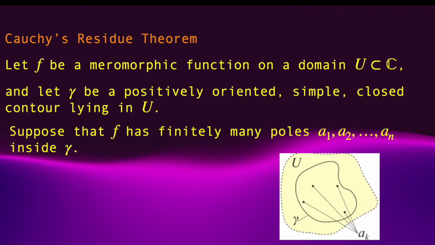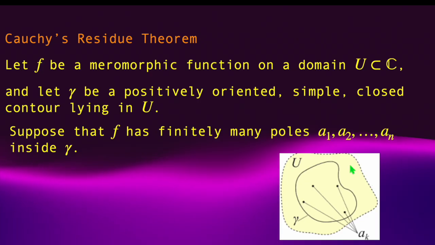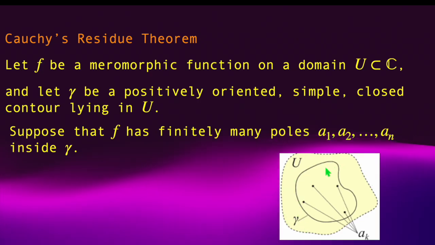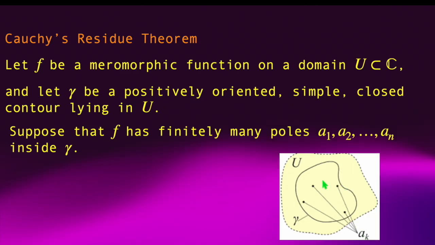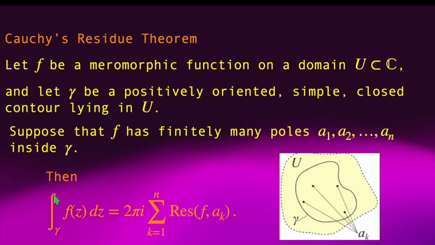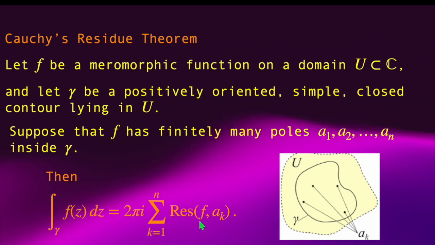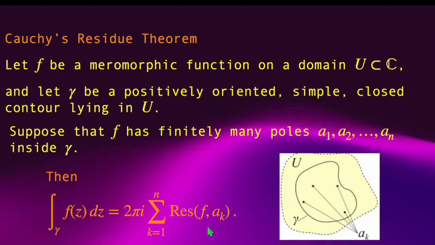So we have the situation now: the domain U, the curve gamma, and the poles. And the theorem tells us that the complex integral of the function f along this contour is equal to 2 pi i times the sum of the residues lying inside this curve. So we have this beautiful theorem.